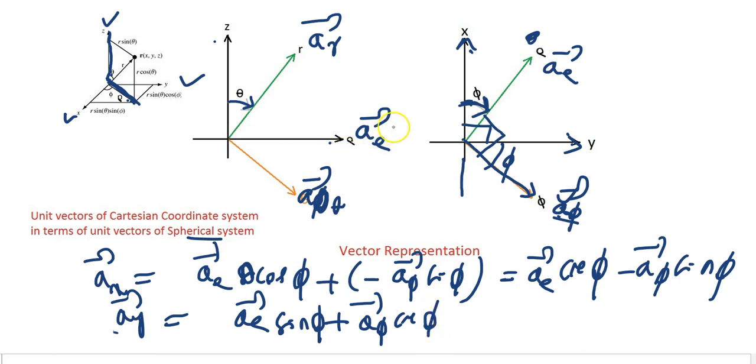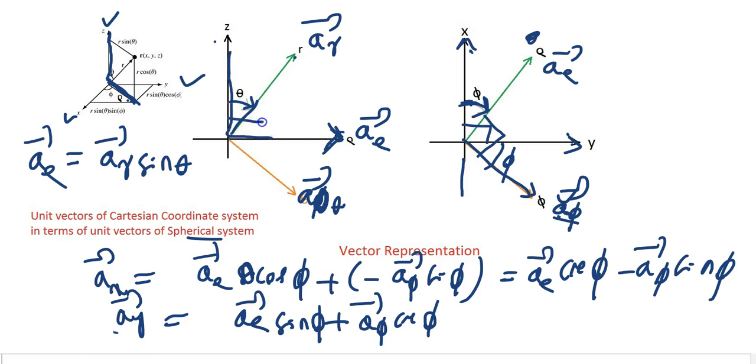But the question is, what is the A rho? Here is the answer. Your A rho is your C. This is the AR. Here is the theta. So the A rho will be the AR sin theta. And just we know the basic.